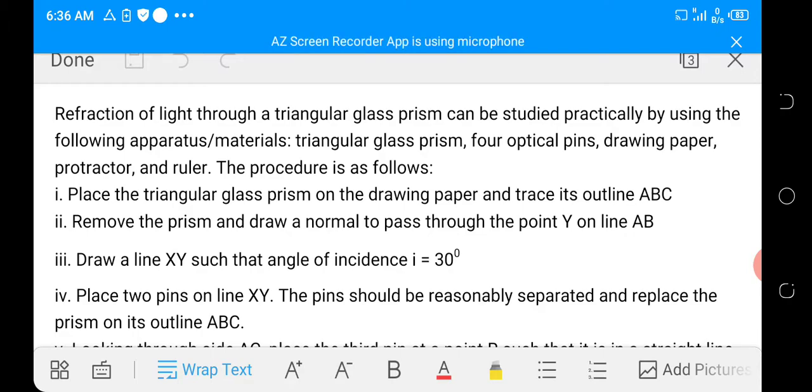Place the triangular glass prism on the drawing paper and trace its outline ABC. 2. Remove the prism and draw a normal to pass through the point Y on line AB. 3. Draw a line XY such that angle of incidence i is equal to 30 degrees.